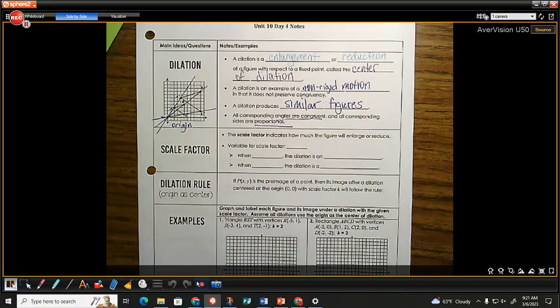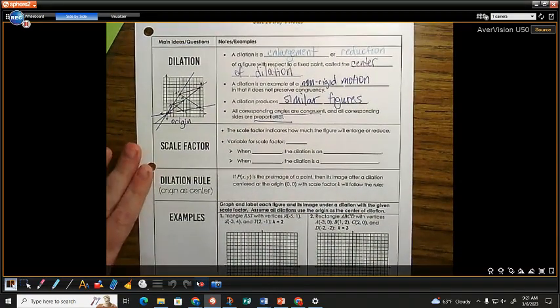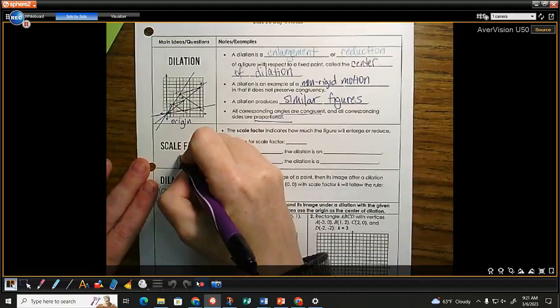So wait a minute. When we did similar figures, how did you tell how much bigger or smaller the shapes were? The scale factor. Raise your hand if you can tell me how you do a scale factor. Newest over oldest.